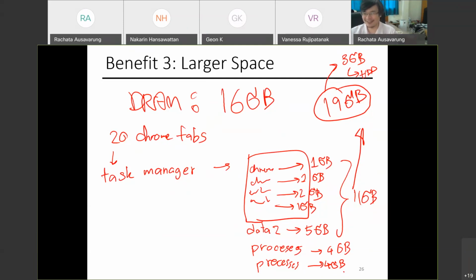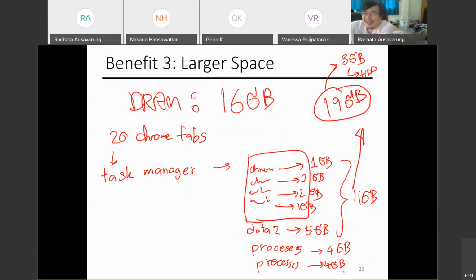Anyone want to guess the policy? Anyone want to guess the policy on how the OS would pick what goes into DRAM and what goes into the cache? I mean, not cache. Okay, I'm just hinting at that. What goes into DRAM and what goes into the hard drive when you need to use more than what you have on DRAM? What policy can I use?